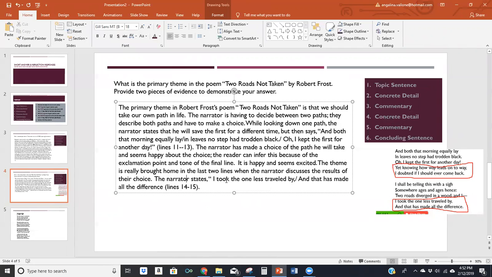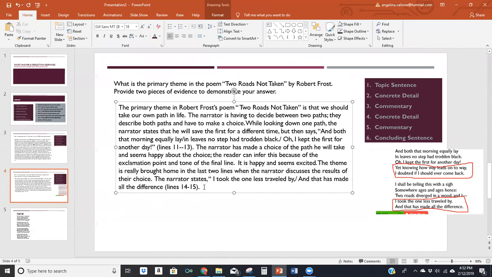So that's my concrete detail. I do introduce it a little bit here. You don't have to, it just makes it smoother. It would be awesome, and you'd really impress your teacher, and you'd get maybe some more points on organization and format. But it isn't necessary, though. You could look at it as part of your concrete detail because you're introducing that concrete detail.